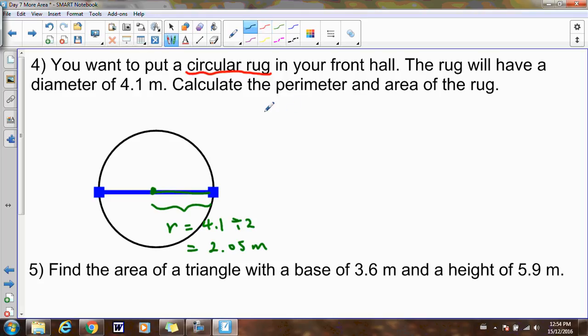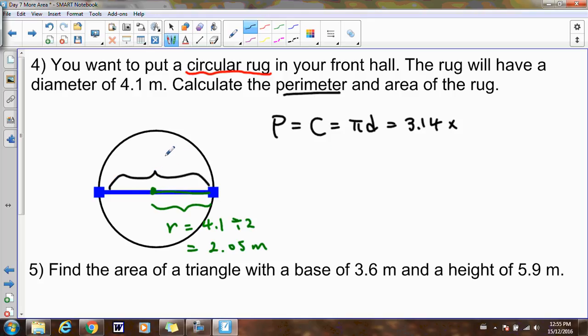Now, to find the perimeter, remember, the perimeter is the circumference, which is given by the formula pi times the diameter. Well, the diameter here is 4.1, right, because that was given to us in the question, so 3.14 times 4.1, and you're going to get 12.9 meters.